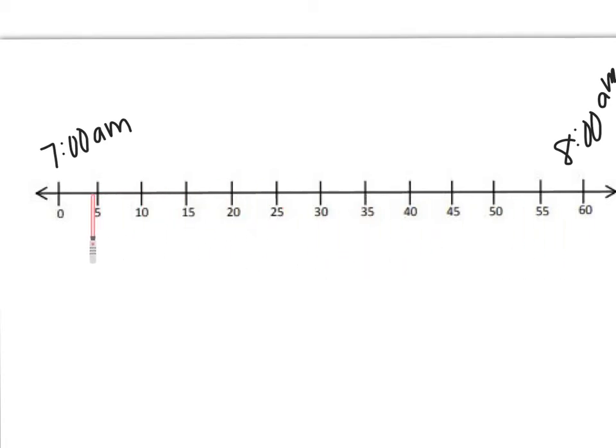Well, in order to do that, I should count by fives up to 7:35. 5, 10, 15, 20, 25, 30, 35. There's 7:35. I just counted 7 fives. But in order to mark 7:37 a.m. on my number line, I'm going to have to break in between 35 and 40. I'm going to have to count by ones.